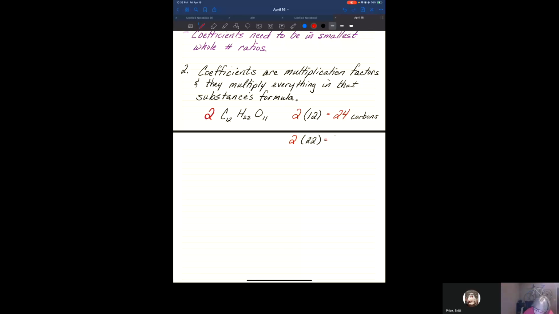That means we've got 44 hydrogens. And lastly, we have 2 times the 11 oxygens, which means there's 22 oxygens.